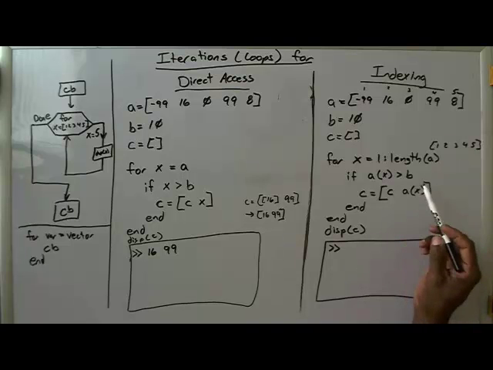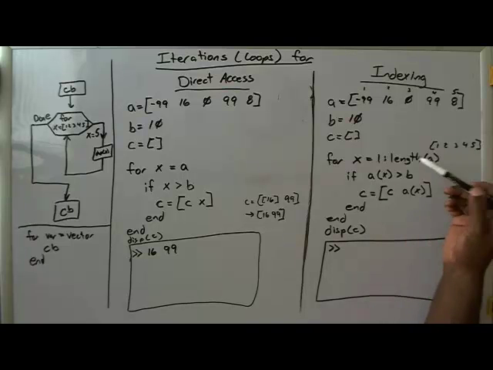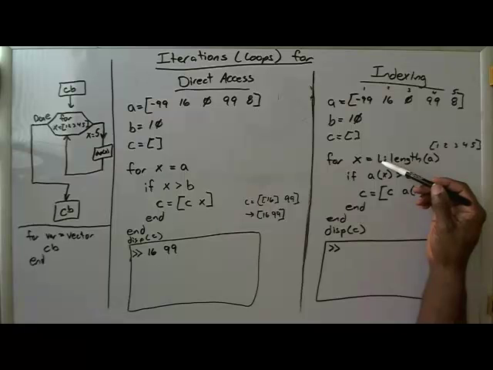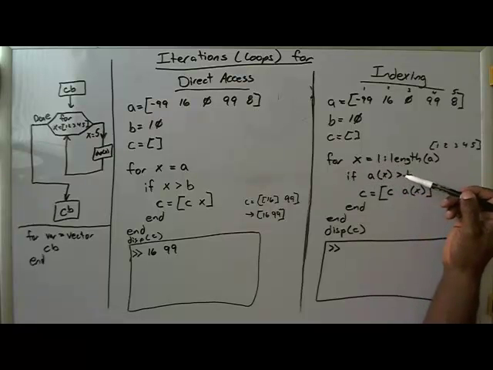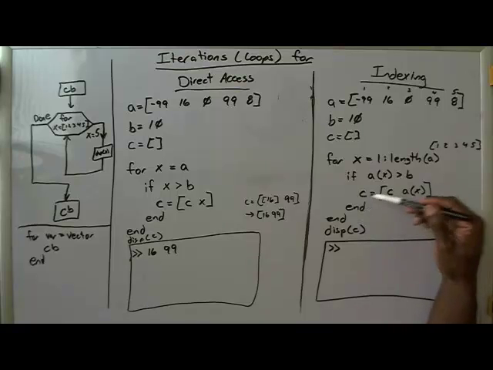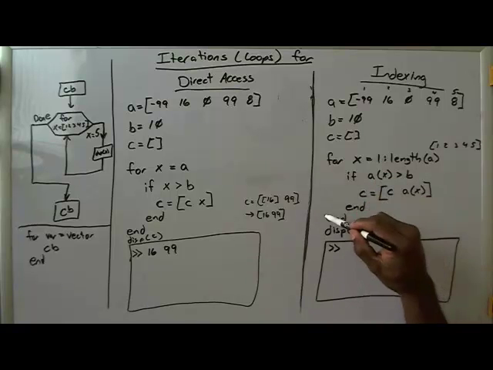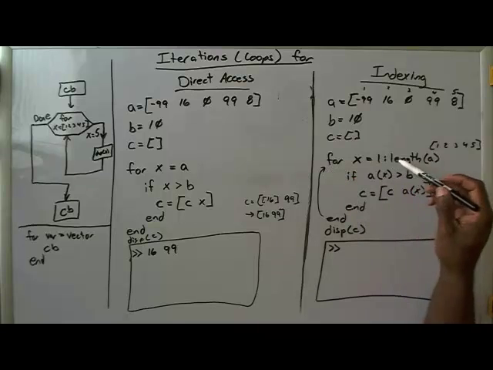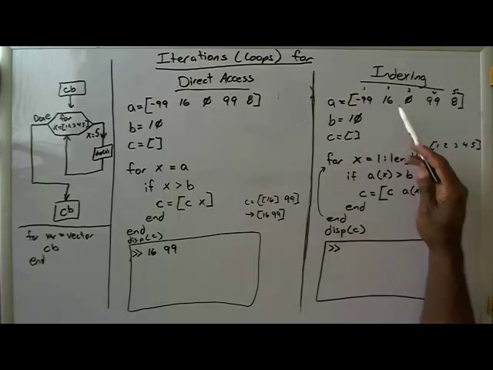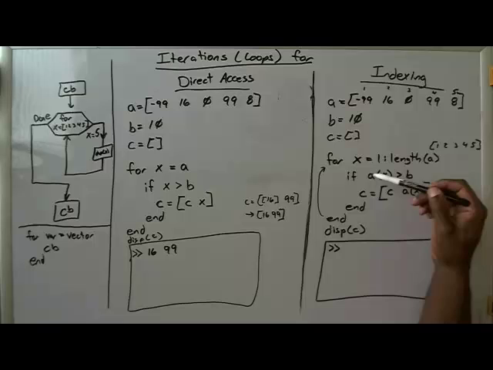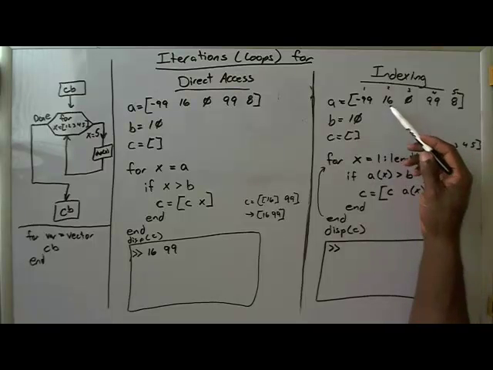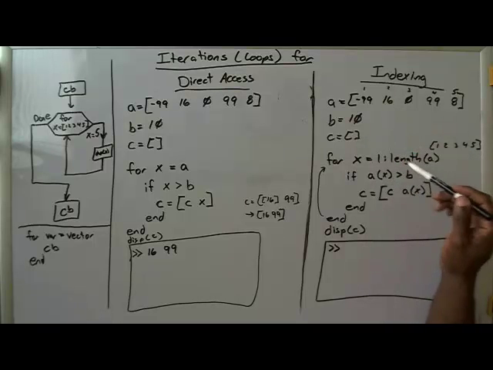Okay, now I go in here and I say, well, the first value of x is going to be 1. So if A indexed at 1 is greater than B, well, -99 is not greater than B. So I skip over this and I loop back through. Next, x is going to be 2. A indexed at 2 is 16. Is 16 greater than B, and B is 10? Yes, it is.